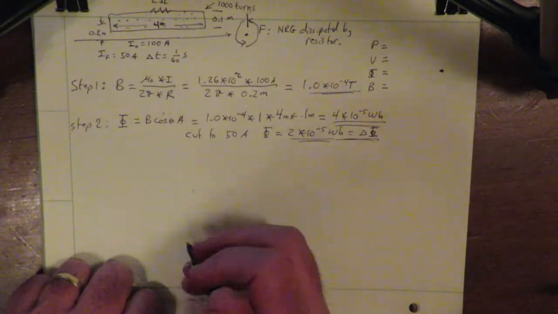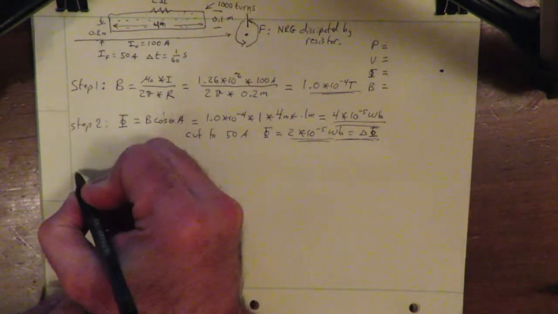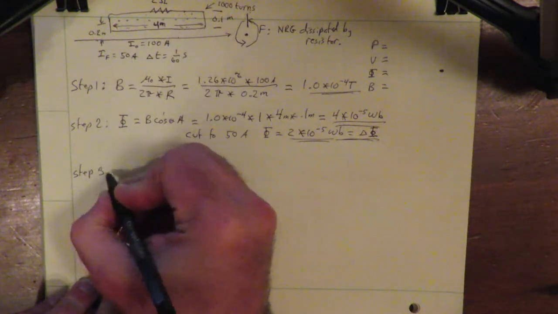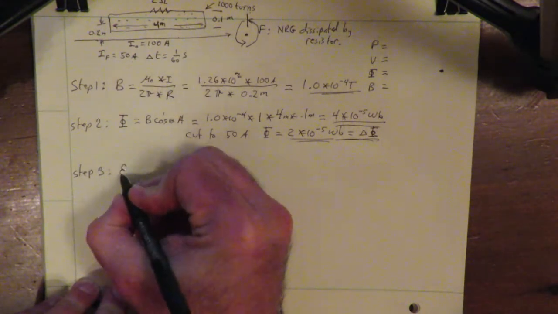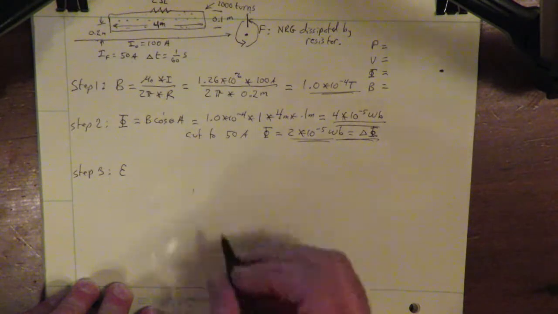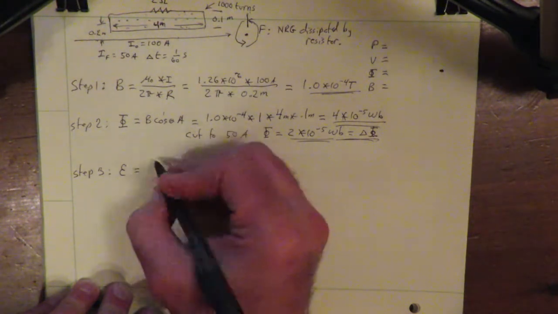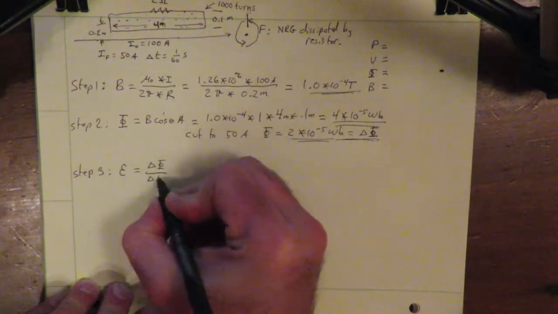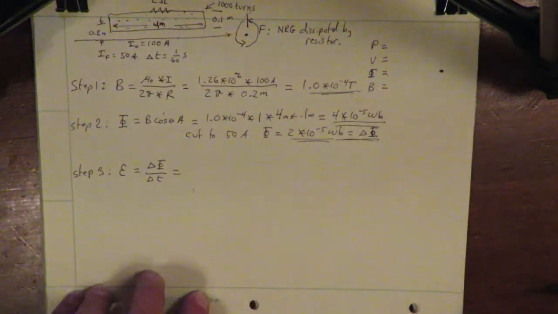Okay, step 3. Now we need to find the EMF, the voltage, as it were. And for that we use Faraday's law, which is the change in flux divided by the change in time. We've done the hard part.